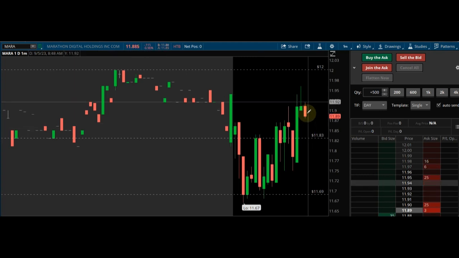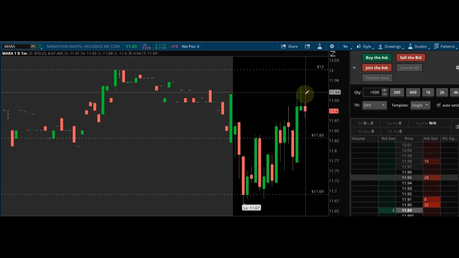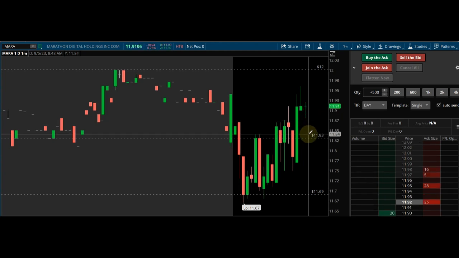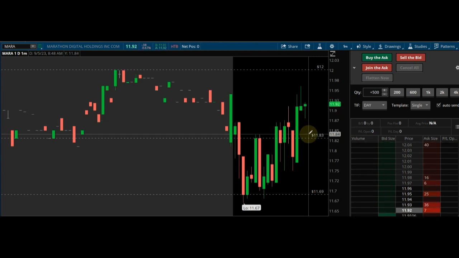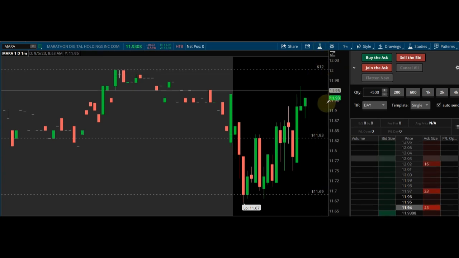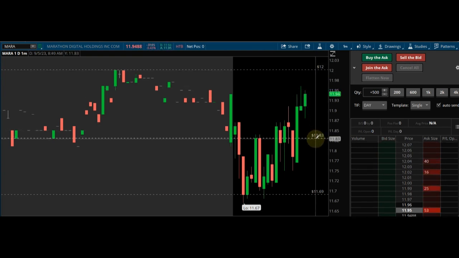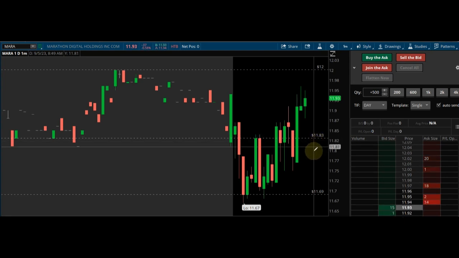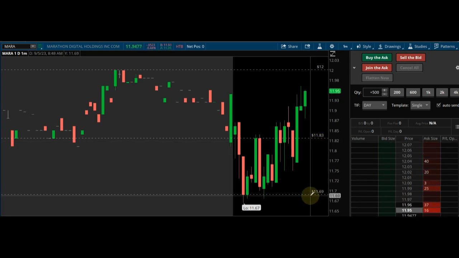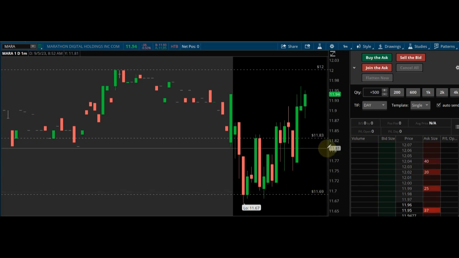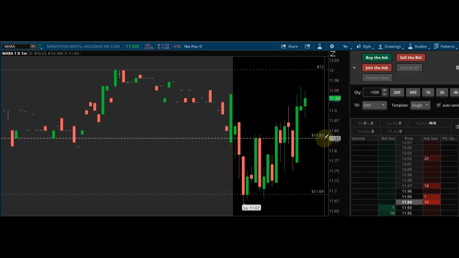It's not really difficult if you mark these levels throughout the day, so that you know when the price is moving around, it has a possibility of turning around at this resistance level, or going up at this support level, or breaking through this resistance level back down to here, going back up to retest this level.